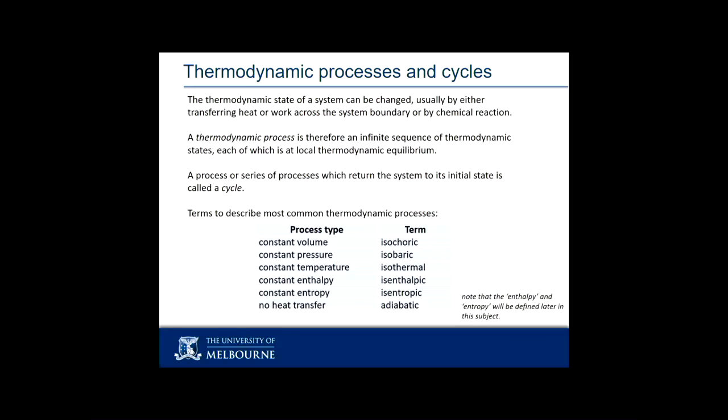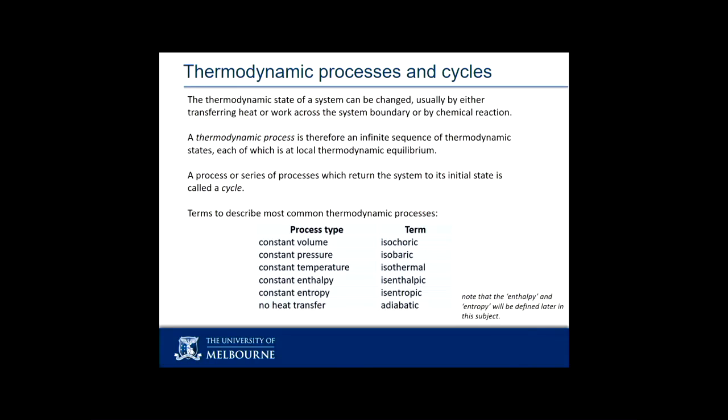With all the iso things, there are some terms that should be obvious. For example, isothermal, you should be able to guess: a constant temperature. There are other Latin words that you don't come across every day or ever. One of them is isochoric, and I don't know anyone who's ever used the word choric outside of thermodynamics, so this is just one of those things where you've got to learn it.